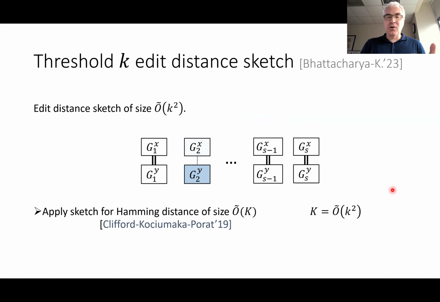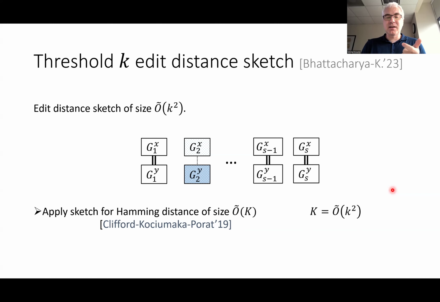If you encode each grammar by some fixed size block of size roughly k, then the grammars in x and in y, if you concatenate them as a string, will differ in at most k of these pairs, and each grammar has a description of size roughly k. So altogether there are about k squared places you need to recover to find out the distance between x and y.